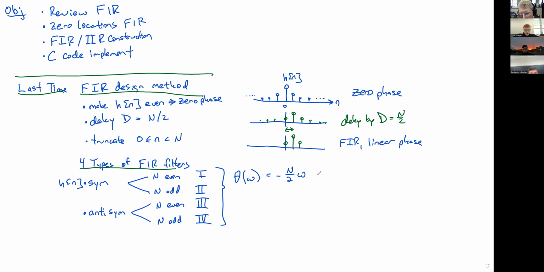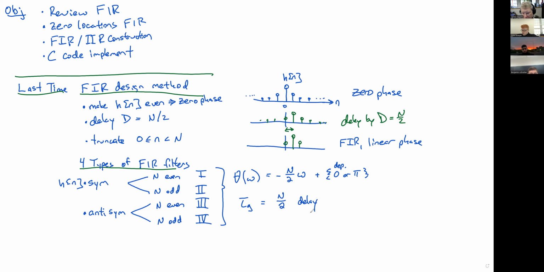That's our delay. And then it's either going to be plus 0 or pi, depending upon if our H of n is symmetric or anti-symmetric. That matters less. What matters more is that because it's linear phase, our delay is going to be n over 2.